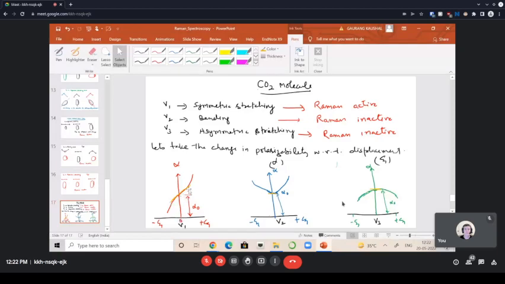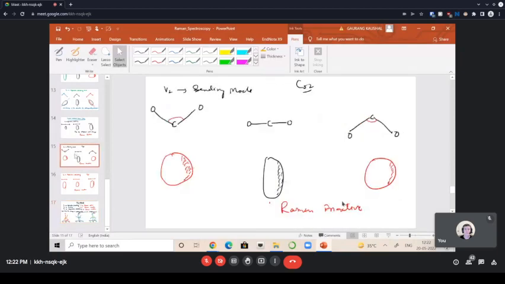In the second case, when you draw the polarizability ellipsoid in the bending mode, the size of the polarizability ellipsoid will not change much.